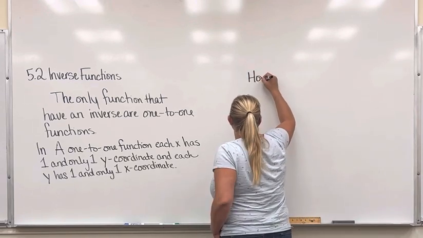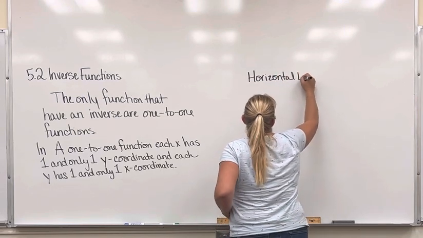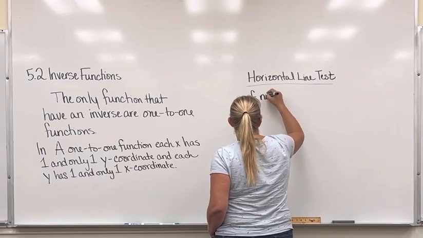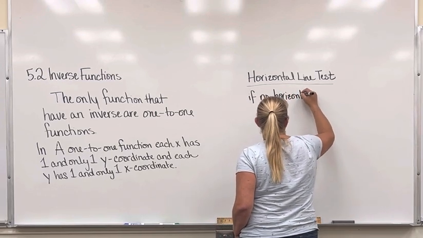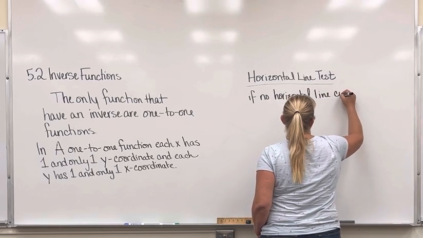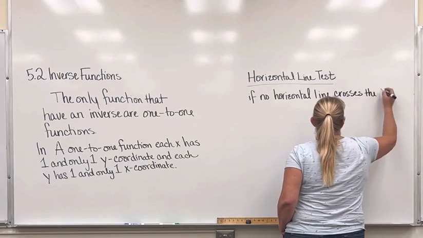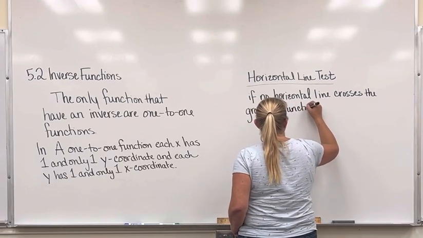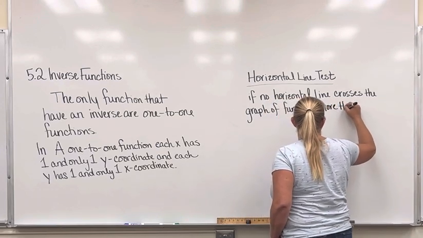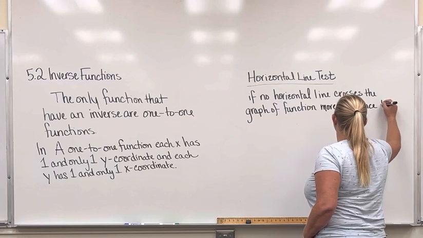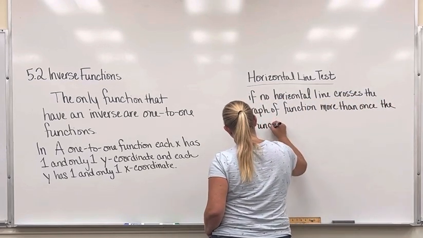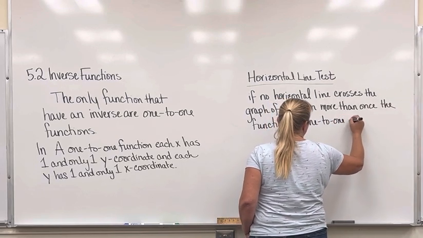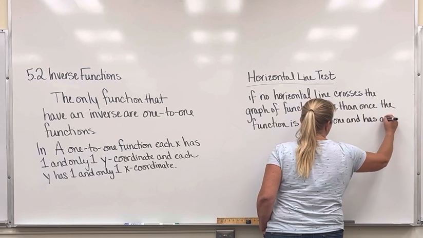So the horizontal line test says, if no horizontal line crosses the graph of a function more than once, the function is one-to-one and has an inverse.